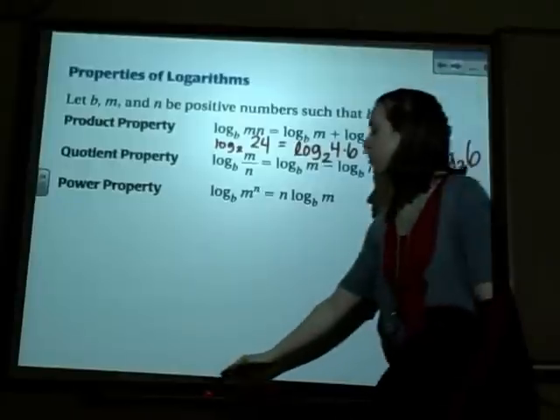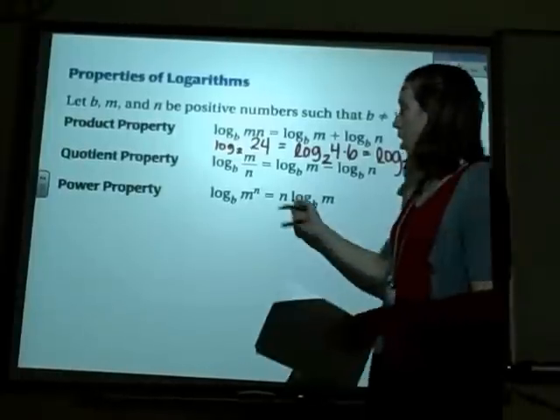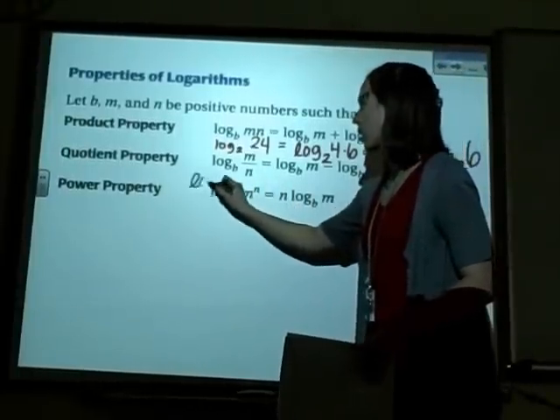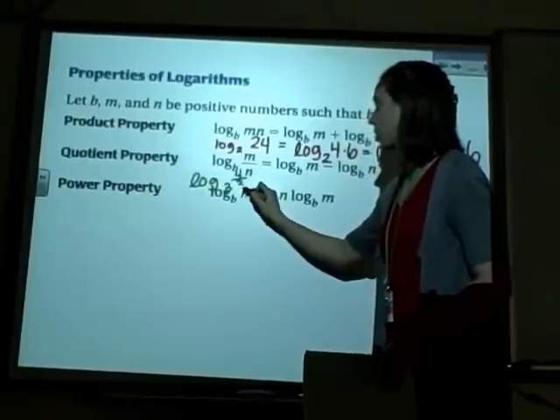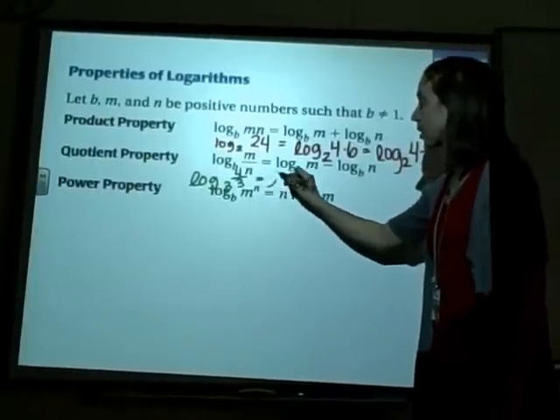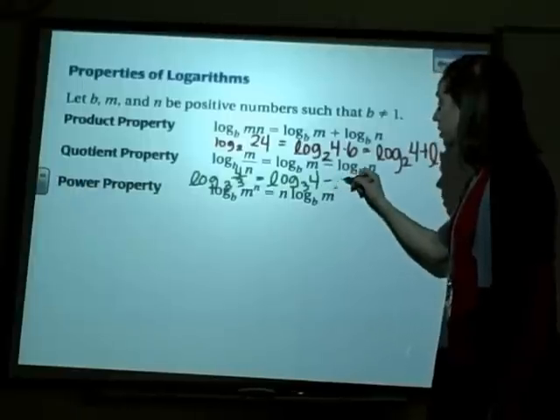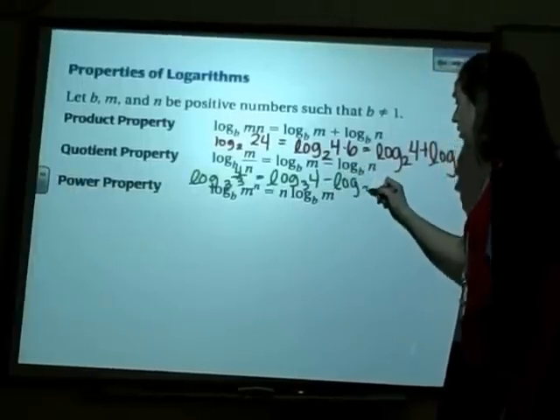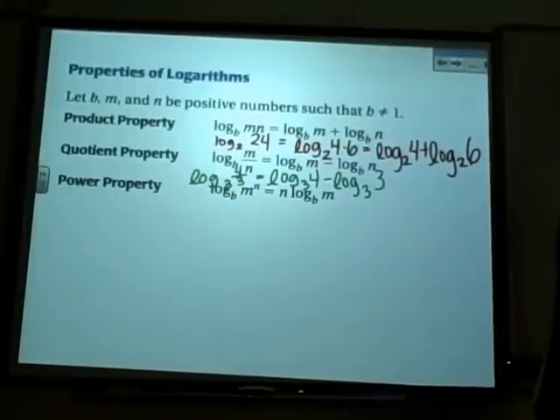Same type of reasoning for the quotient property here. If I have the log, we'll say log base 3 of 4/3, this property says that is the same as taking log base 3 of 4 minus log base 3 of 3. And again, it's following a property.